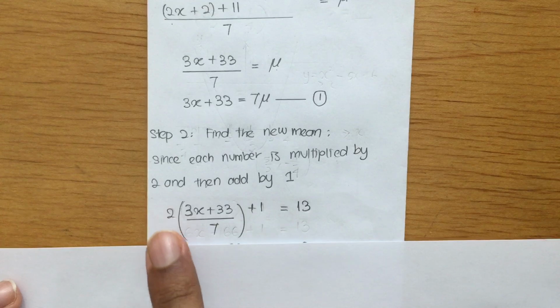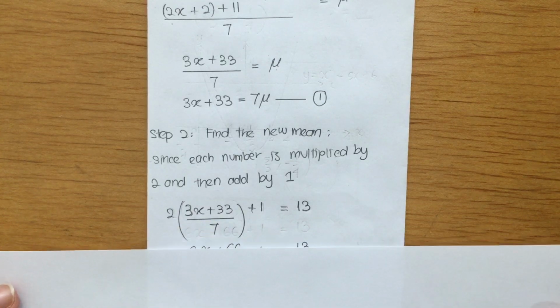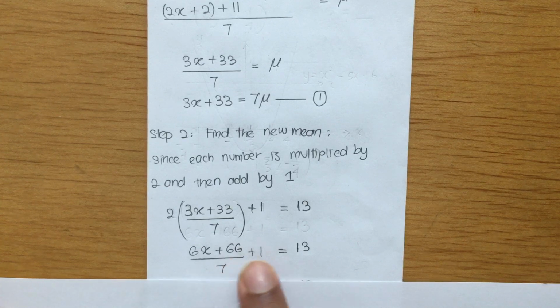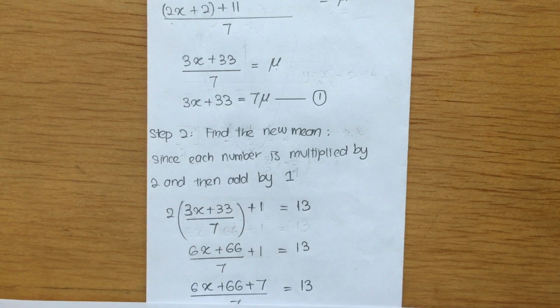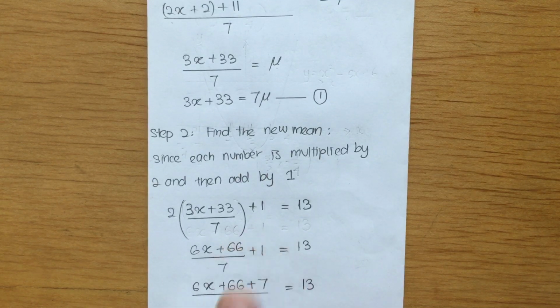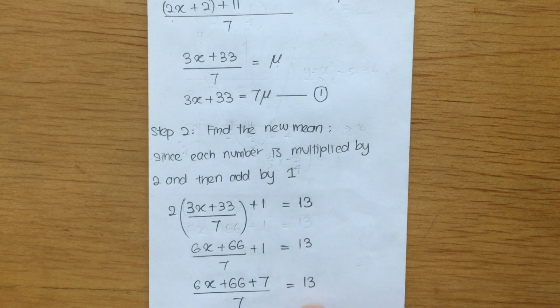So 2 times (3x plus 33) over 7, plus 1 equals 13. You expand the 2, and you get 6x plus 66 over 7, plus 1 equals 13. This one you can combine into one fraction, so you get 6x plus 66 plus 7 over 7, because you've combined the 1 as 7 over 7, equals 13.